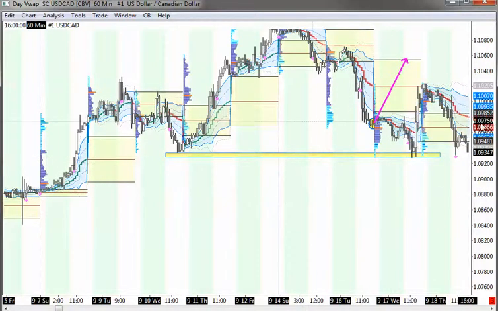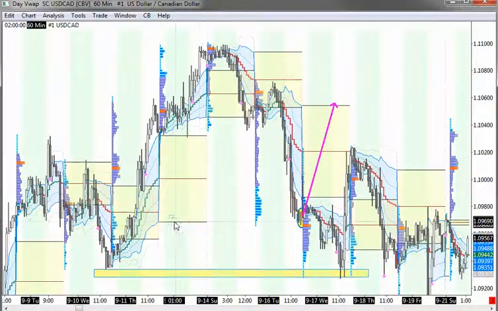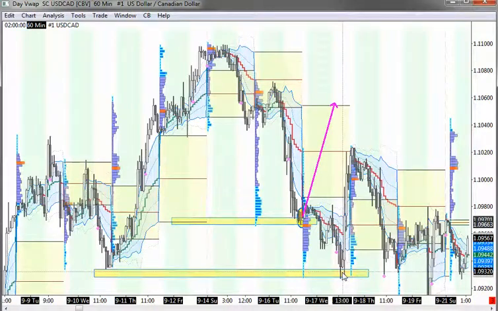So if I'm going to take a chance right here, given the information I have, I would not want to put my stops down here. I'd want to put my stops right below this yellow box, because if it gets below that, then where is it going? It's going right down to it.